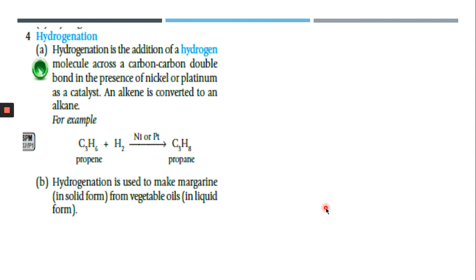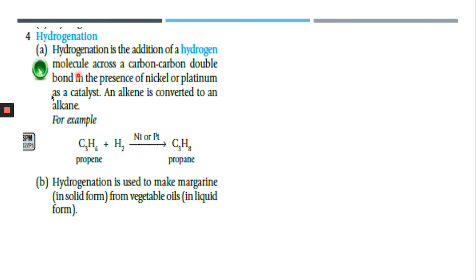Okay, macam daripada namanya hydrogenation. Hydrogenation is a process ataupun it's a reaction where alkene is added with additional hydrogen molecule across a carbon-carbon double bond in the presence of nickel. Please ingat, presence of nickel or platinum catalyst.